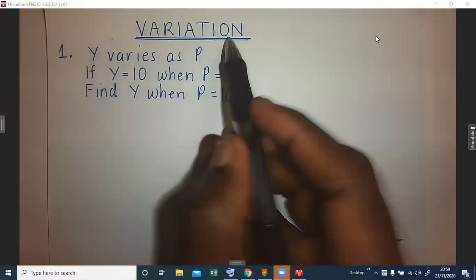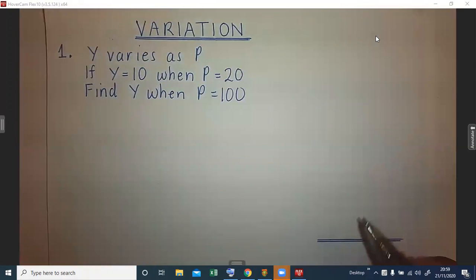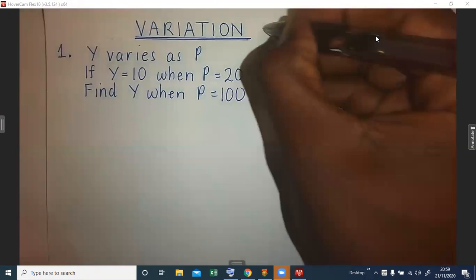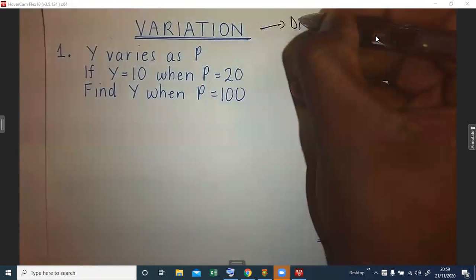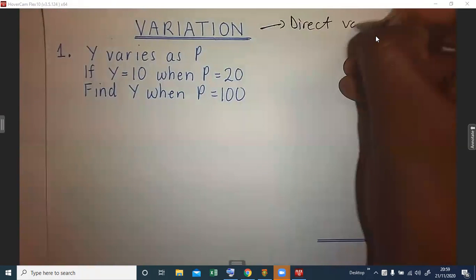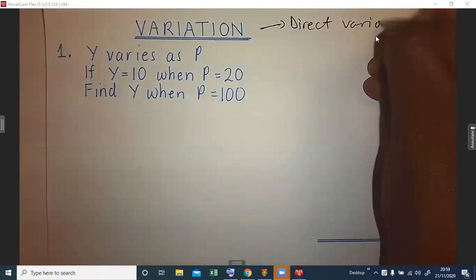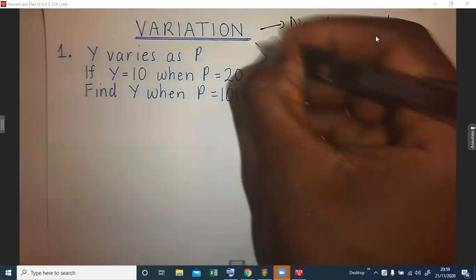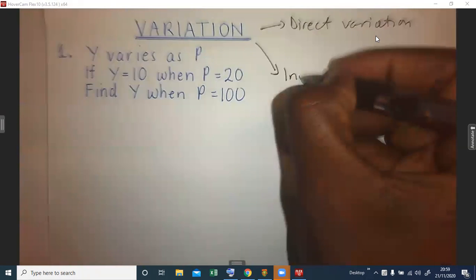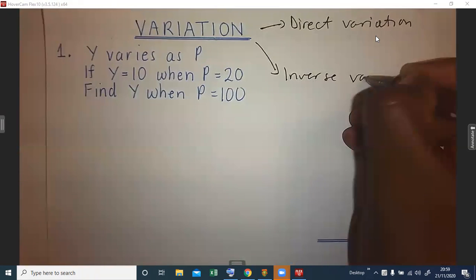Variation. Today we are going to look at variation. One thing we have to remember, we have direct variation and we have inverse variation.